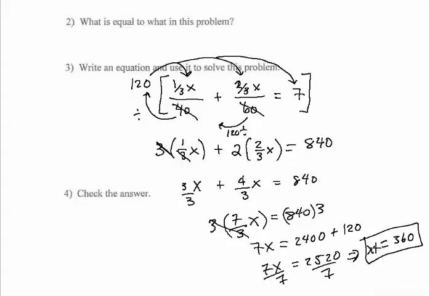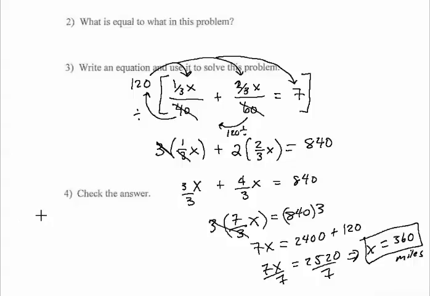Alright, what was our x? Our x was the total distance of the trip, so this would be 360 miles.